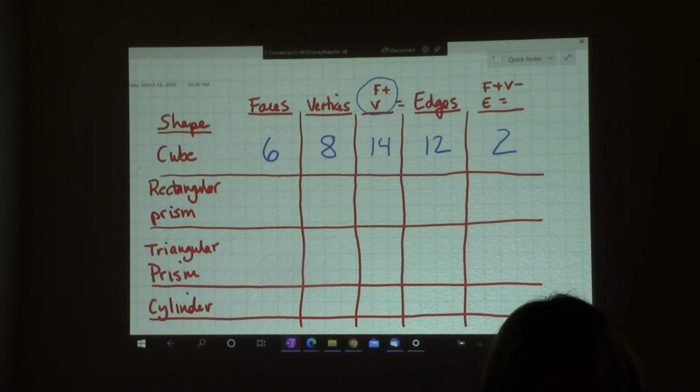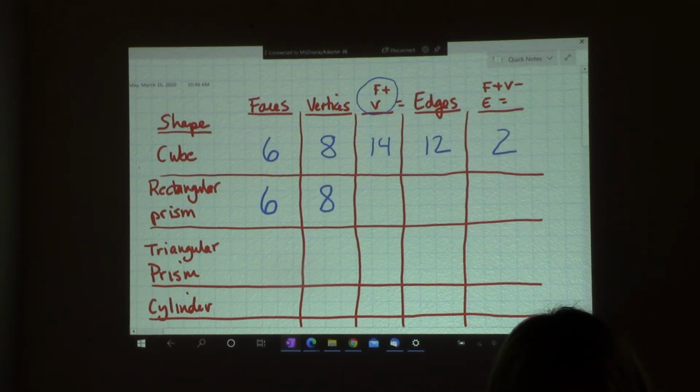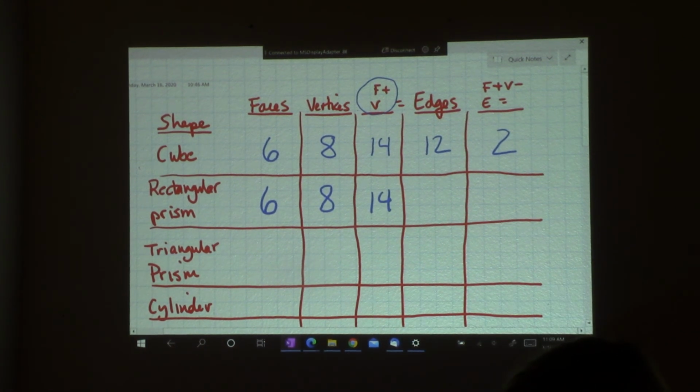Okay, let's take the rectangular prism, and the number of faces that I have is the same. The vertices is 8, because even though I have those marshmallows in between, those are just connectors. They're not actual vertices, okay? And add those together and I get 14.